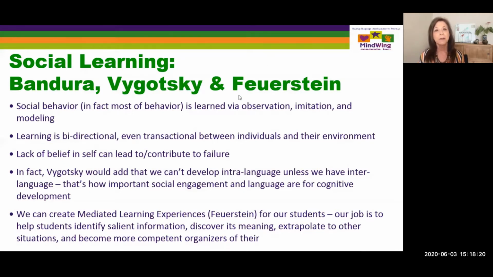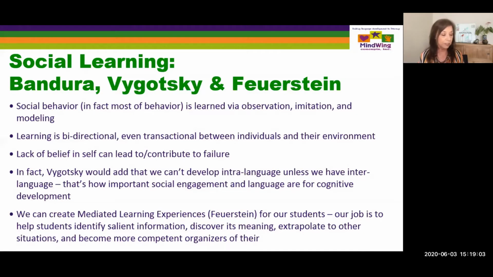Yeah, okay. So it's interesting when we think about social learning, I think of this trifecta of brilliant people: Bandura, then Vygotsky, whom I read about very early on, and Feuerstein, a brilliant social cognitive psychologist. Bandura was first known for his social learning theory, then in the late 80s amended it and called it social cognitive theory, because he was understanding the role of cognition in social learning.